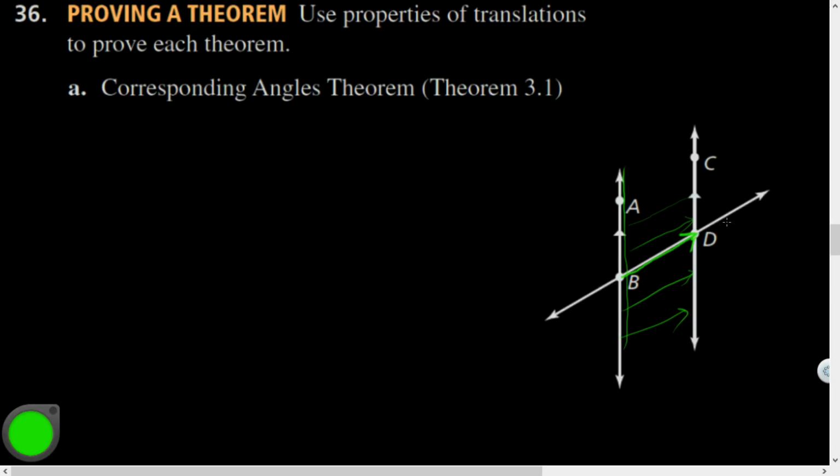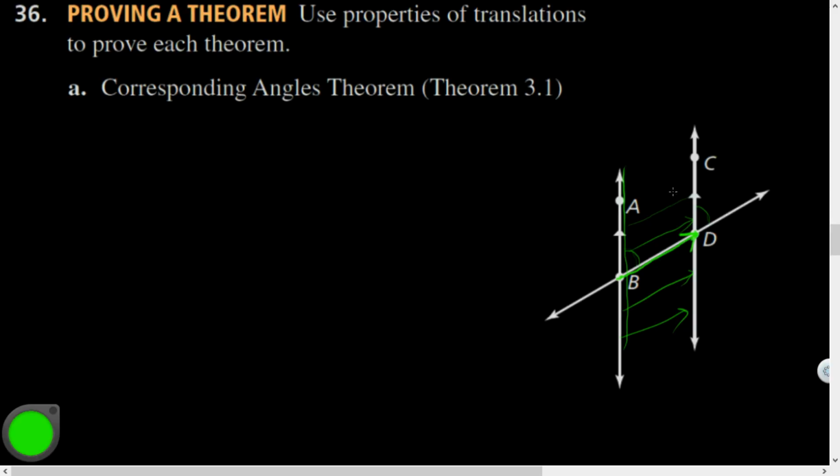BD would map onto itself. If I shift the line BD along ray BD, it's still going to be the same. Point B would now map onto D, and this angle would map onto this angle perfectly. Those lines, AB and CD, would be the same line.